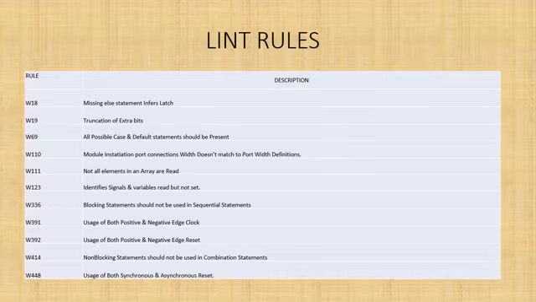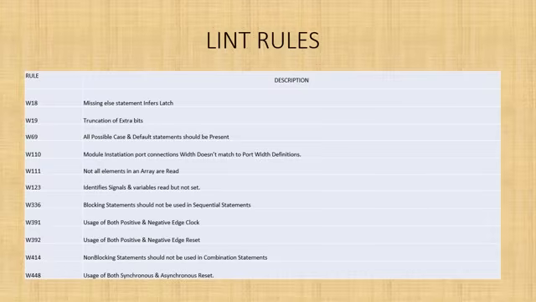W69 is for all possible case and default statements which should be present. W110 checks if the module instantiation and the port connections width doesn't match to the port width definitions. W111 checks if not all the elements in the array are read. W123 checks if all the identified signals and variables are read but not set.